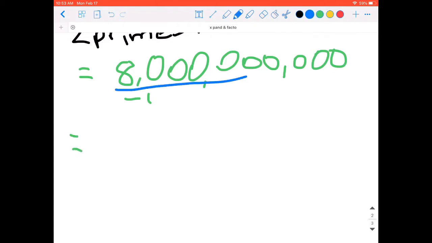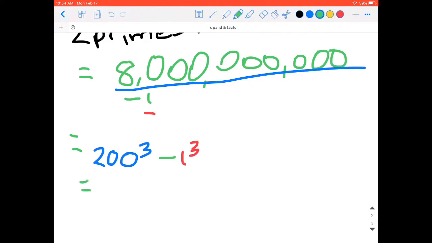So if we use this in blue and this in red, then we can see that this is 200 cubed minus 1 cubed.